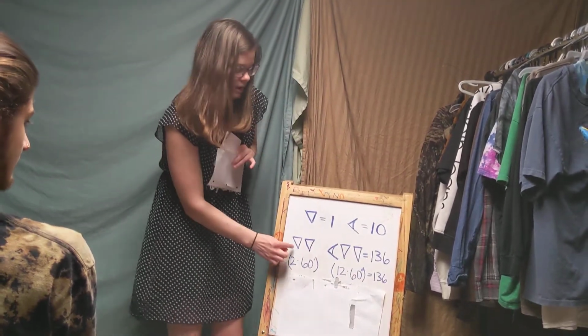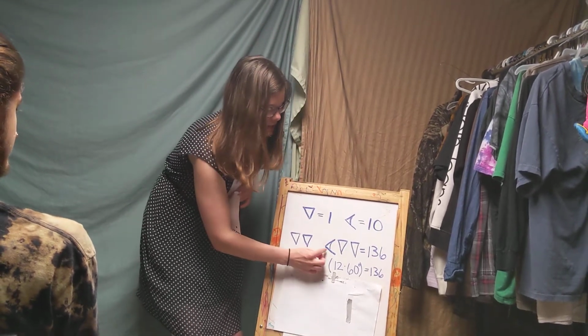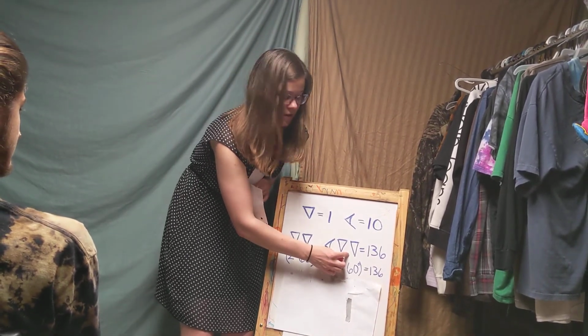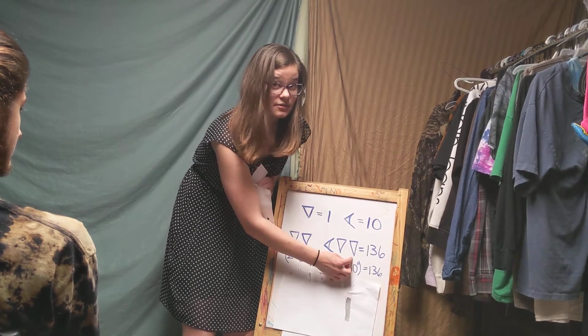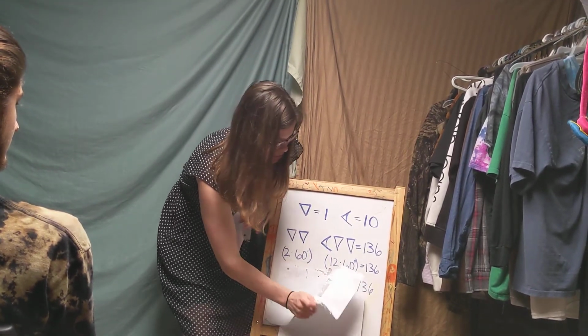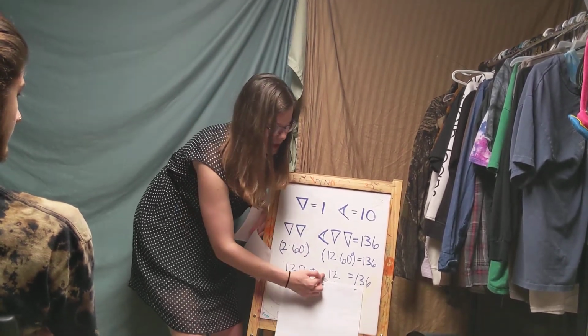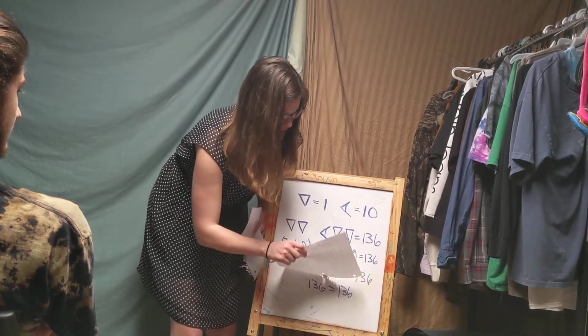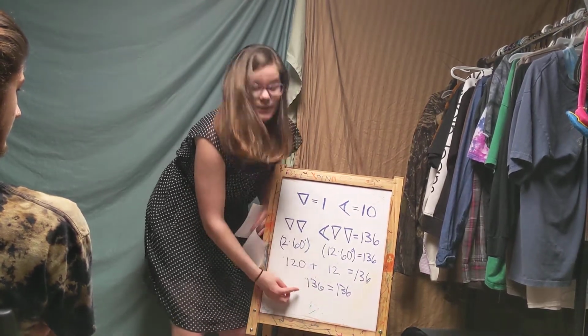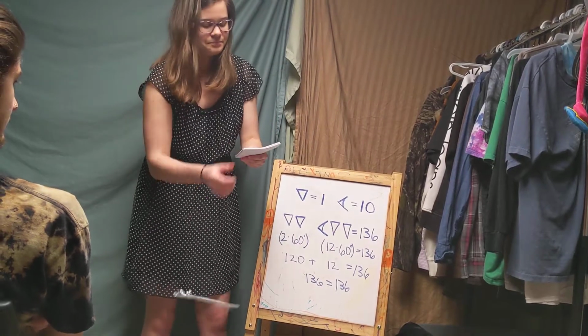We have 2 sets of 60, and 10 plus 1 plus 2 is 12 sets of 60 to the 0 power. So then we multiply those two groups, and we get 120 and 12. Finally, we will add those numbers, and we get that 136 equals 136.